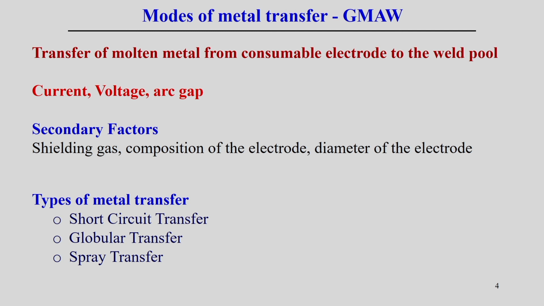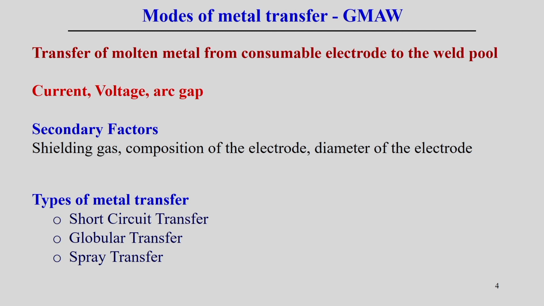The requirements of current and voltage for a particular process are the main process parameters associated with any kind of welding process. But apart from this, secondary factors are also there, because shielding gas has much influence on the metal transfer mechanism.